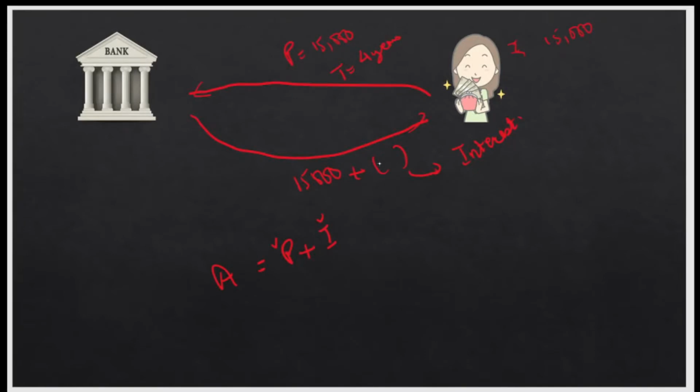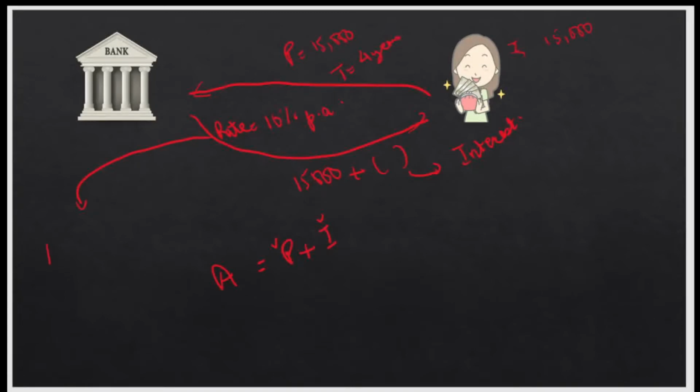Now we have to understand this. What determines the interest that the girl gets from the bank? That is determined by the rate of interest which the bank gives. Let's say the rate of interest is 10% per annum. So what does rate of interest 10% per annum mean?